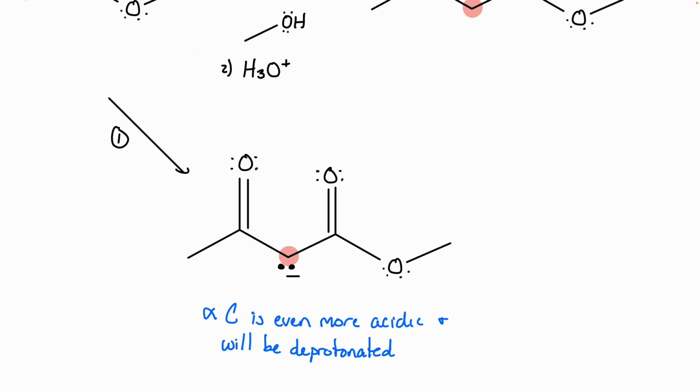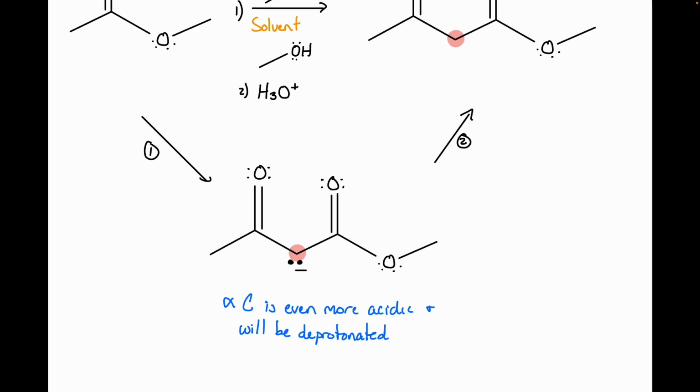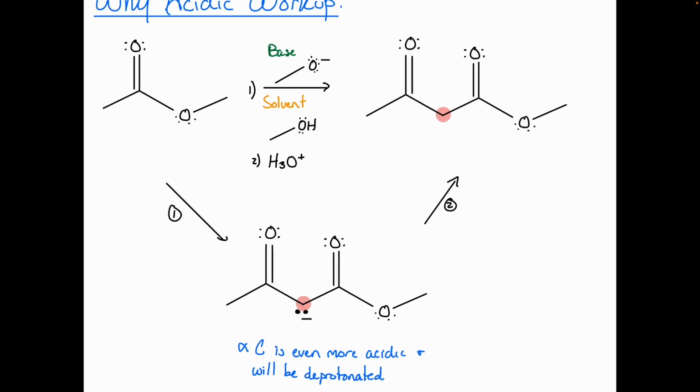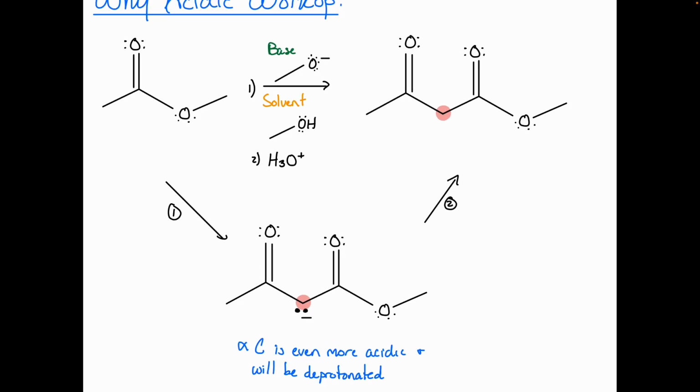So I need to do this acidic workup step. I need to add in some dilute acid just to protonate it to give me my neutral product. That'll protonate that carbon to produce our neutral product.